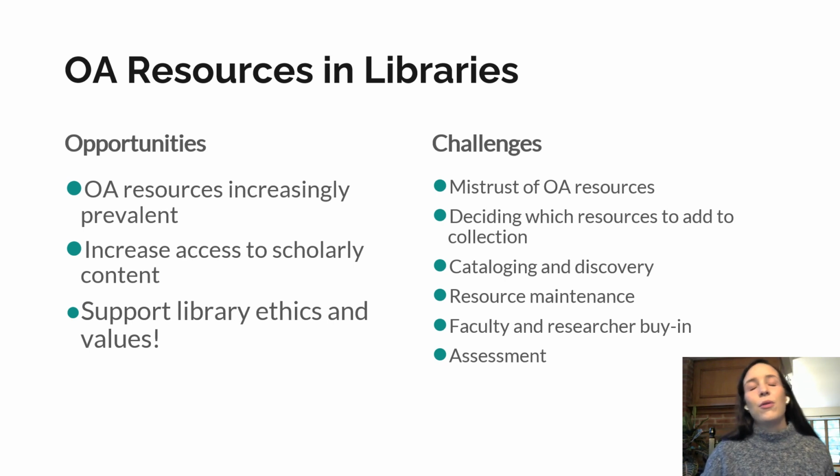And then sometimes, of course, these links break, or something happens with access and there's no centralized point necessarily to ask for help in some cases, so we do have to keep up with resource maintenance as well. Getting that faculty and researcher buy-in, and then of course assessment, which I'm going to talk about today.